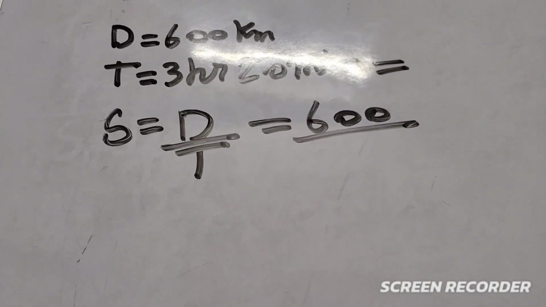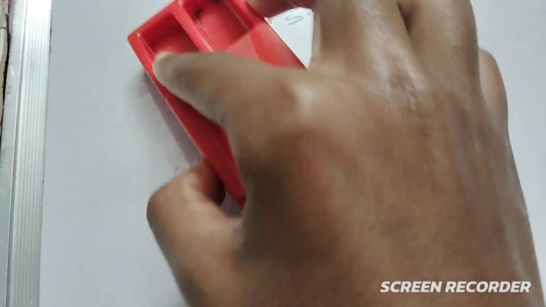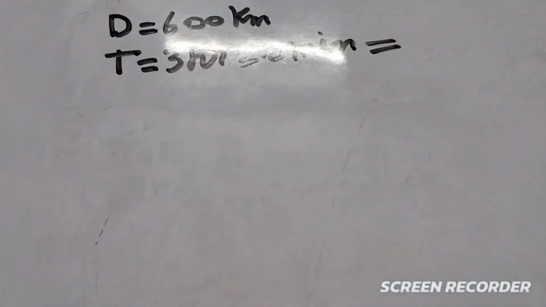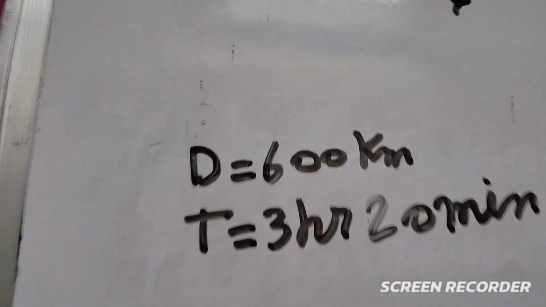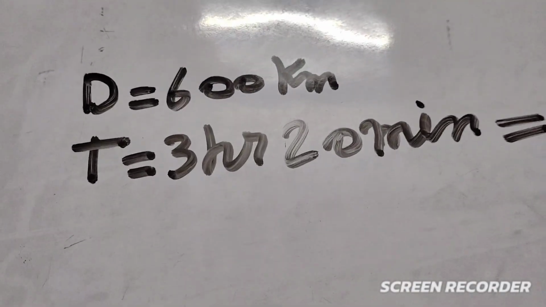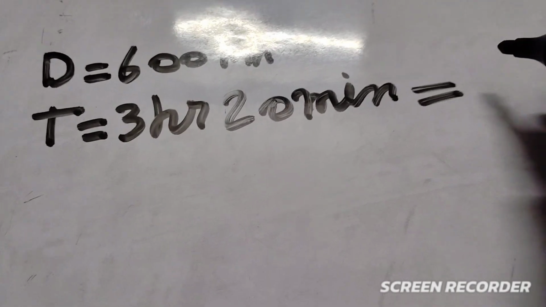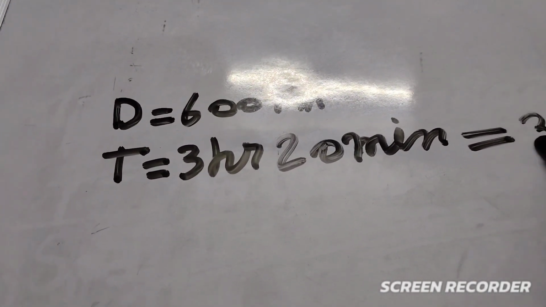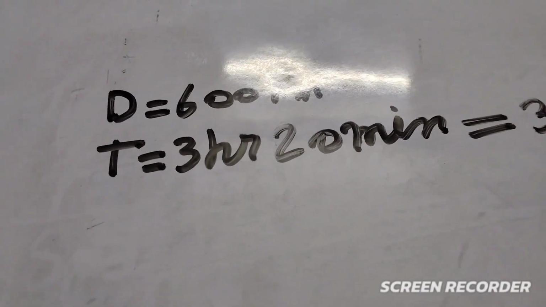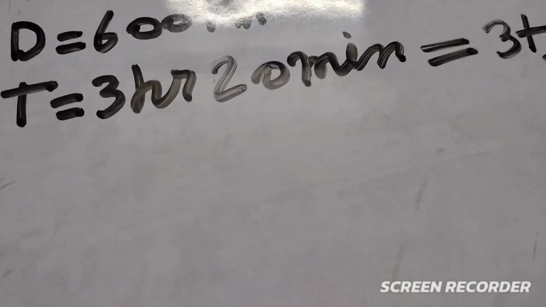Okay, I have understood. So firstly, we will erase this part and we will convert minutes into hours. Then 3 plus 20 upon 60, you know why?